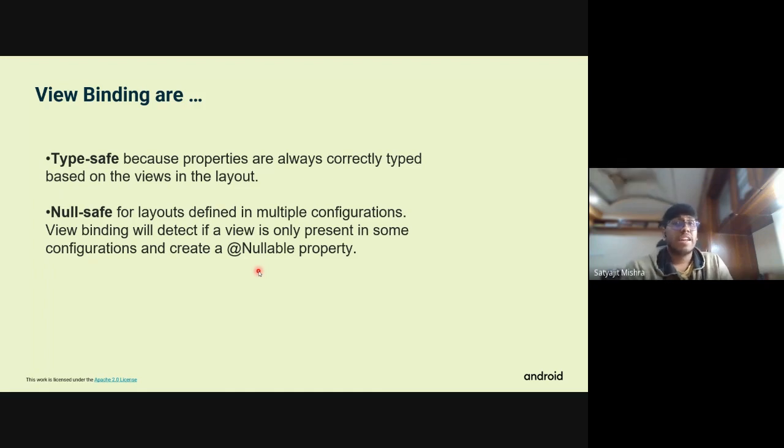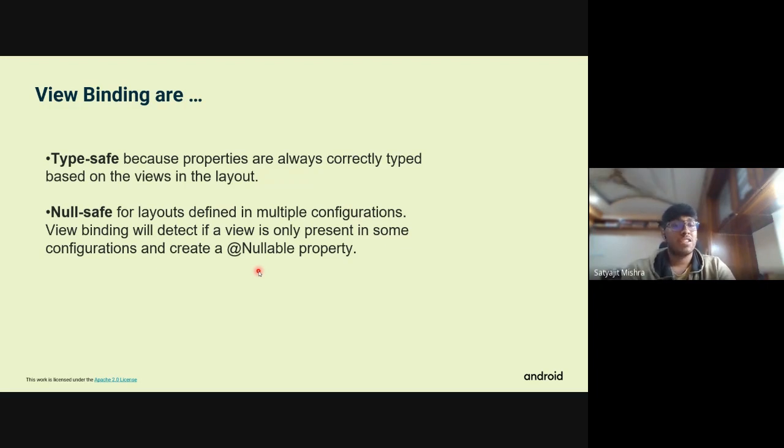Also, suppose there are, let's say, 50 elements in your XML file, and you forget to manually assign an ID to a particular object, and you then try to use it. Then that will be a null error, like a NullPointerException again.